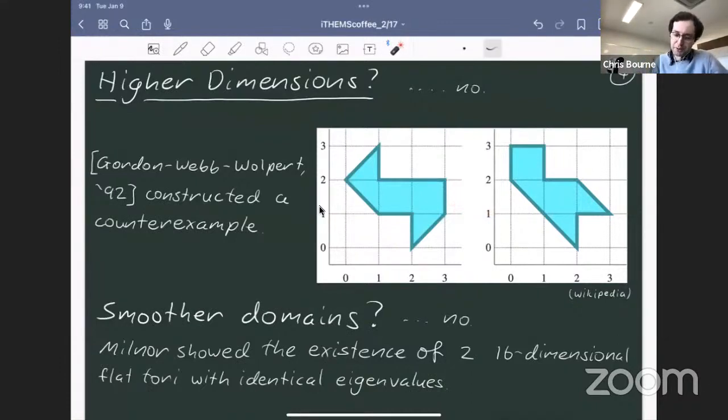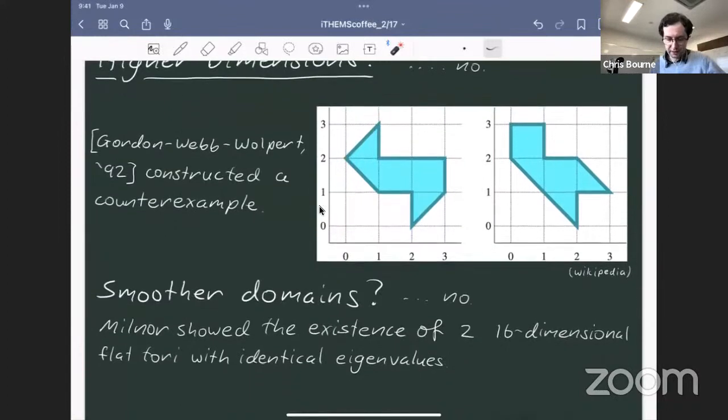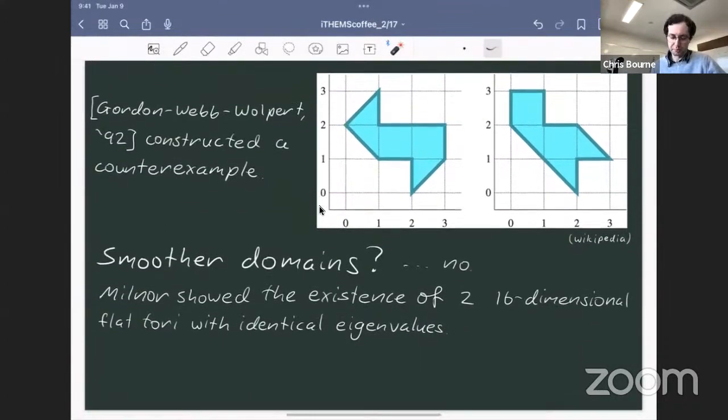Now, these are maybe not the most normal looking drum shapes in the world, but at the same time, if you're allowing for any sort of potential closed convex shape, or not even convex, right, or at least simply connected shape, then you can build these counterexamples. So, okay, what if we consider smoother options? So without these corners or something like this. In 2 dimensions, maybe that's still open, but for example, we know that in higher dimensions this is not true.